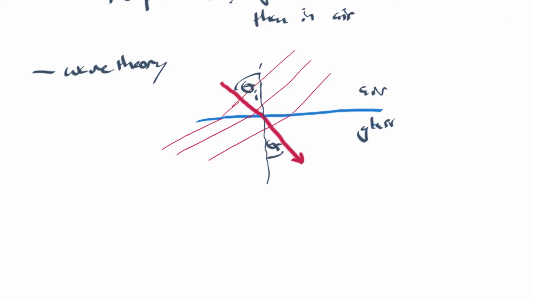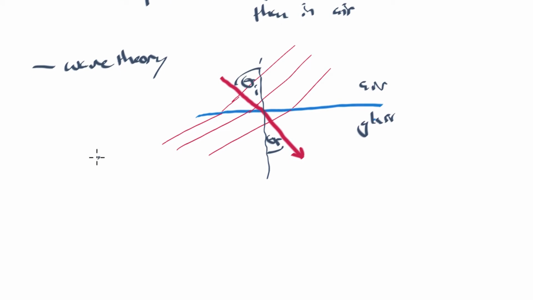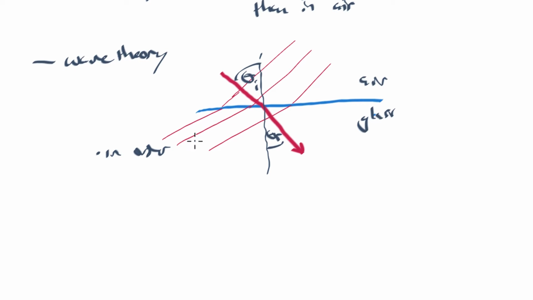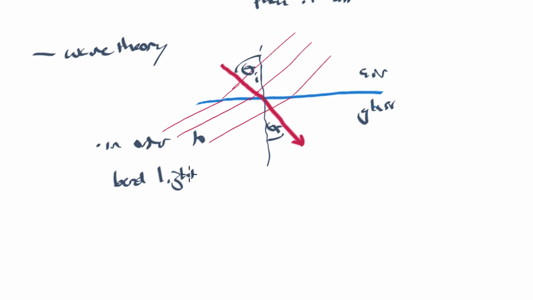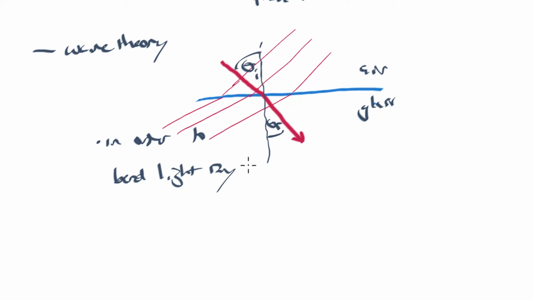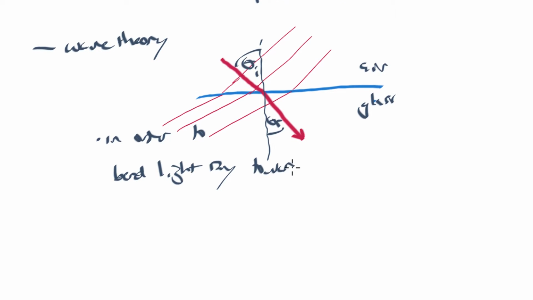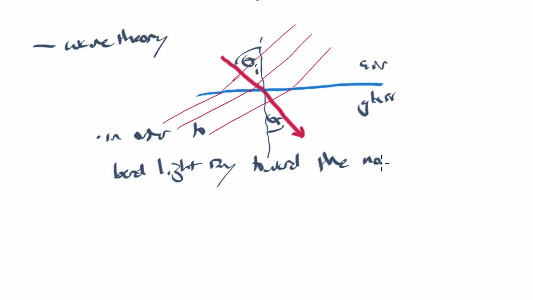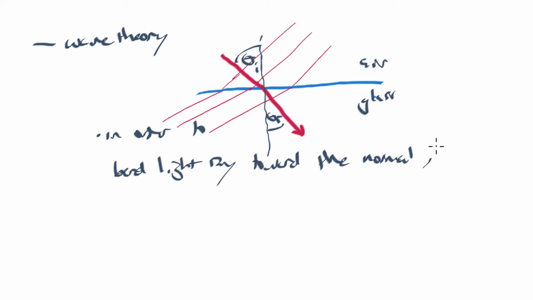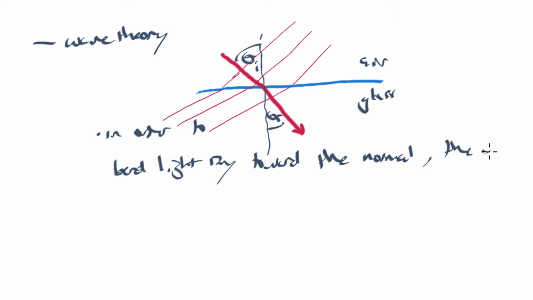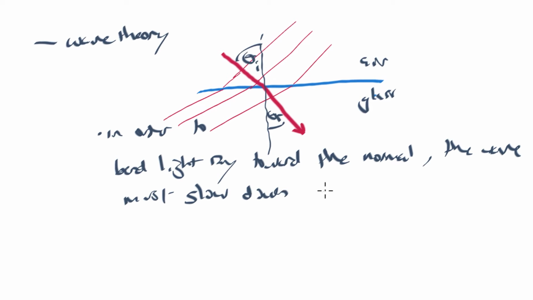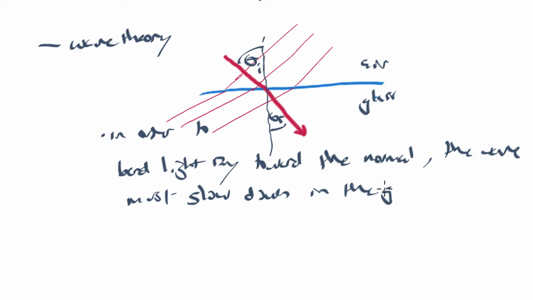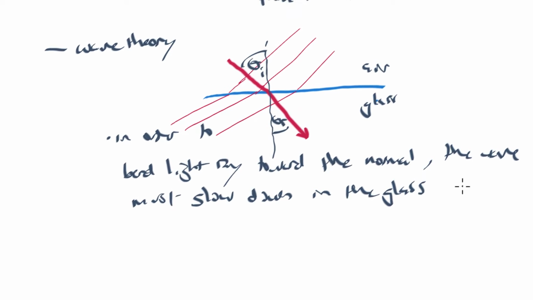But notice what's different here. Specifically, in order to bend the light ray toward the normal, as is observed, the wave of light must slow down in the glass. That is, moving from air to glass, it has to slow down.